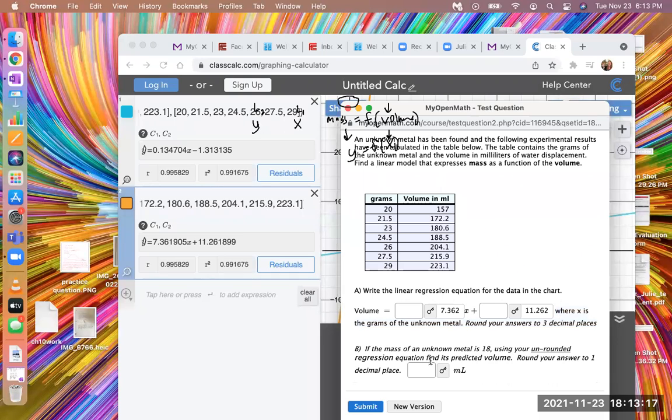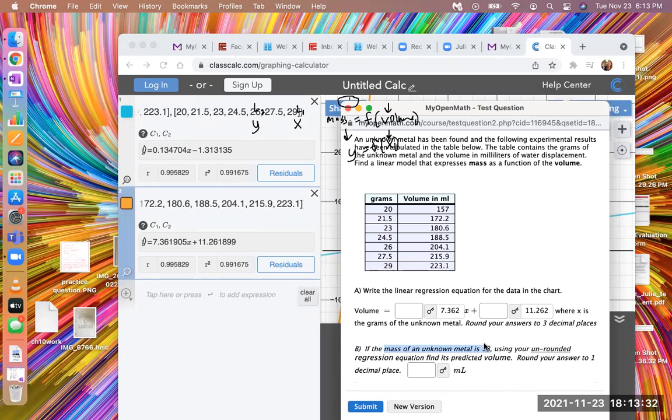So what we need to do here is plug 18 in because they say it's a mass and our masses are the X values.